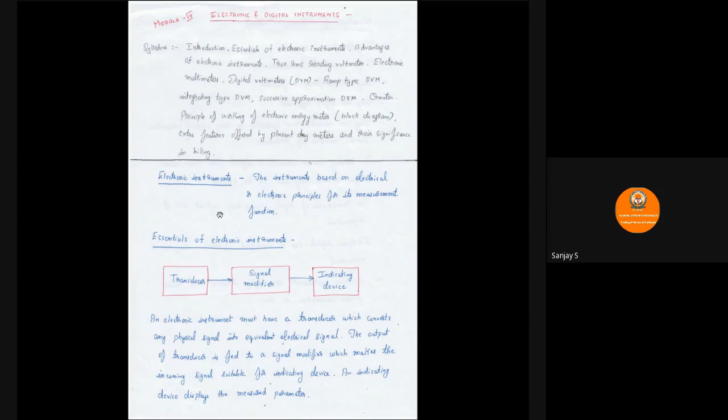So coming to the introduction part, electronic instruments basically are defined as the instruments based on electrical or electronic principles for their measurement function. Now let us see the basics or essentials of electronic instruments. Any electronic instrument must have a transducer, signal modifier, and indicating device.